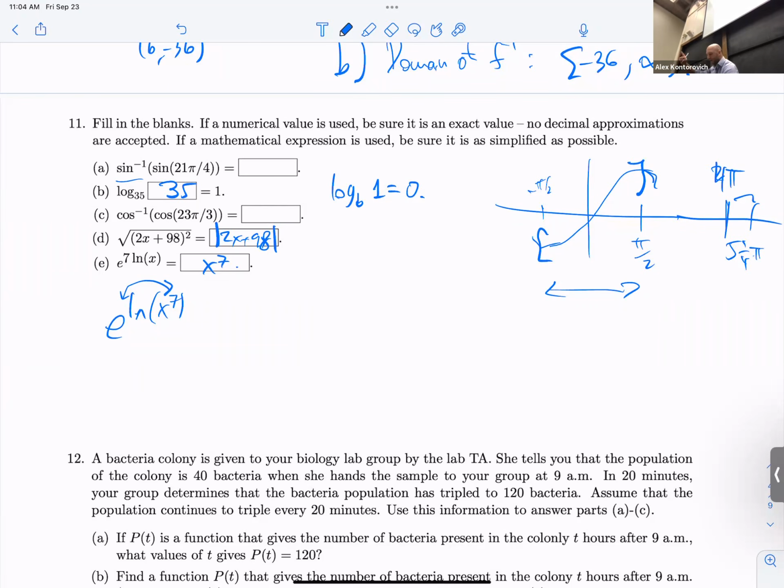The sine function is doing its thing until it gets to 4 pi, then it starts again. So the answer is 5 pi over 4. You guys see that? Sorry, that can't be the answer. 5 pi over 4 is still bigger than pi over 2 and negative pi over 2.